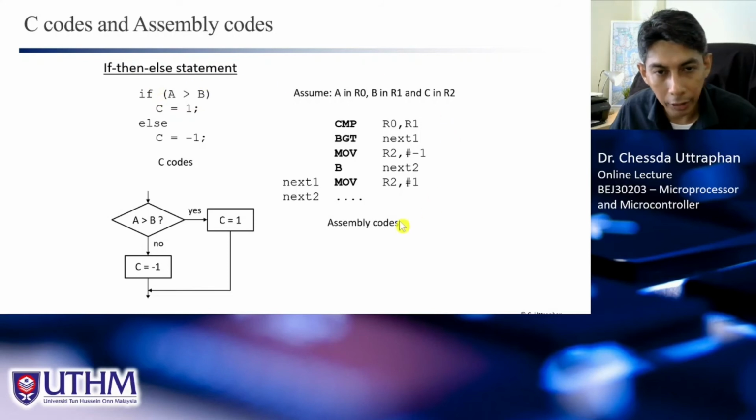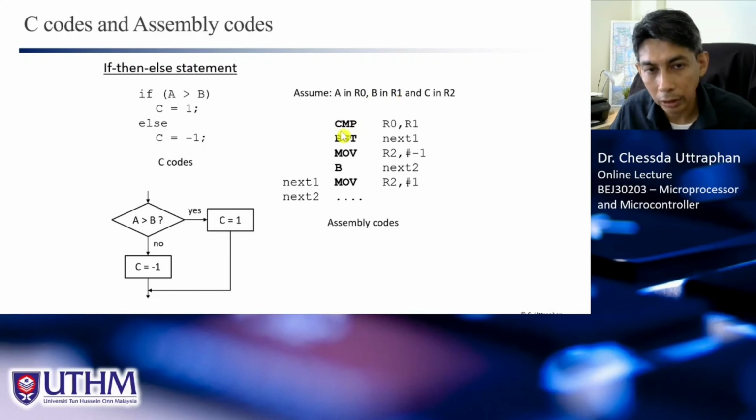In assembly language, this is how we do. All right. So we need to assume that A is in R0, B is in R1, and C is in R2.